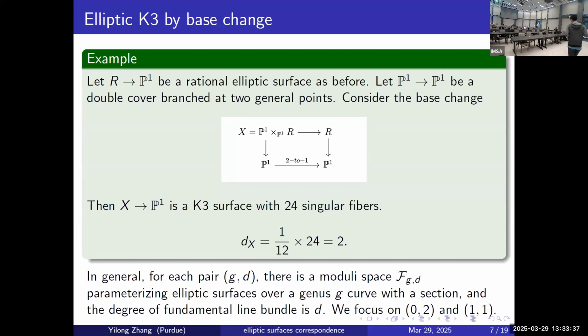And so in general, you can consider elliptic fibrations with two invariants. One invariant is the genus of the base curve, the base degree. And the second invariant is this topological degree. Again, this formula for the Hodge number H20 is given like this.